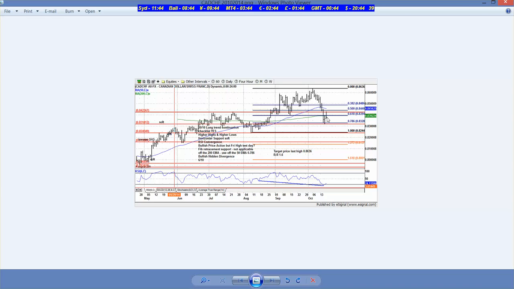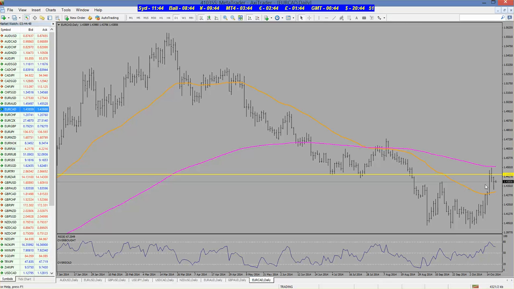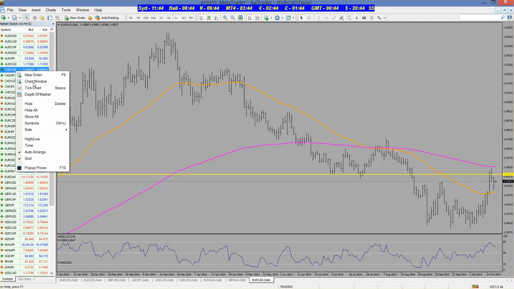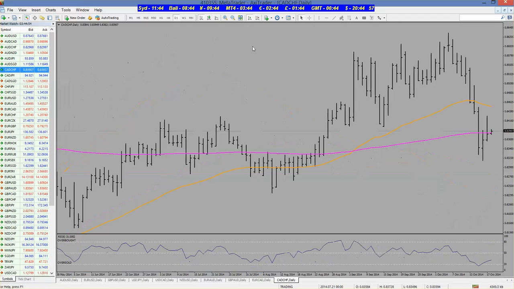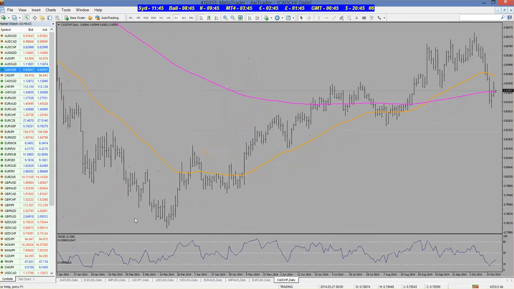It's not exact, but it's a 98% correlation, and you can see here that it closed underneath that bar, whereas the euro CAD closed on that low. So if we look at the CAD Swiss in comparison, it actually closed underneath that. So it's not completely identical, but as I said, 97, 98% correlated.